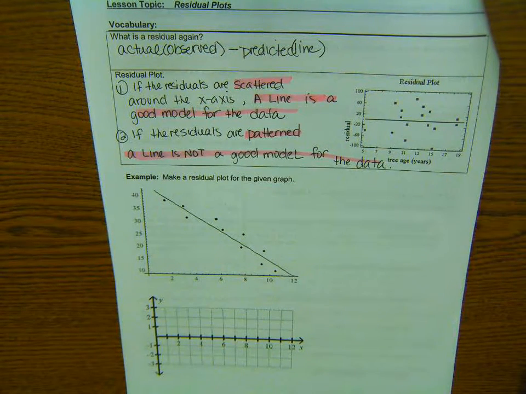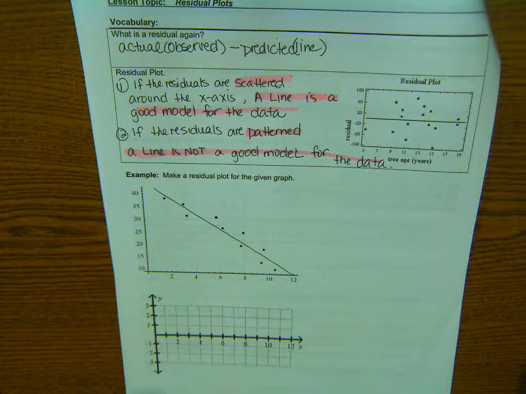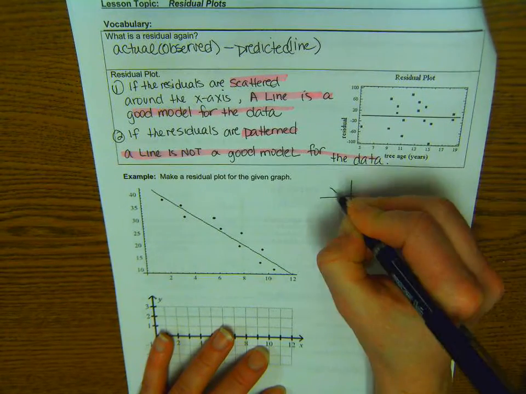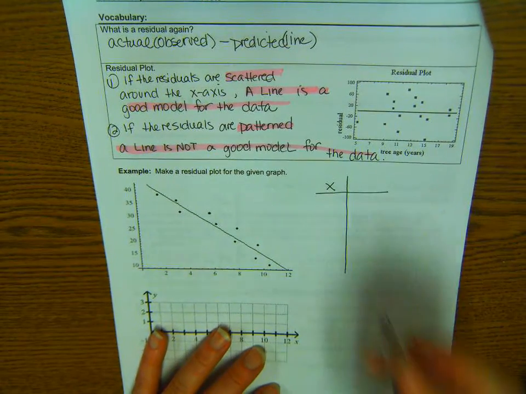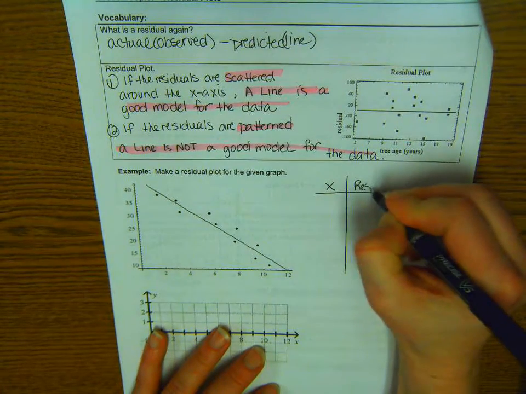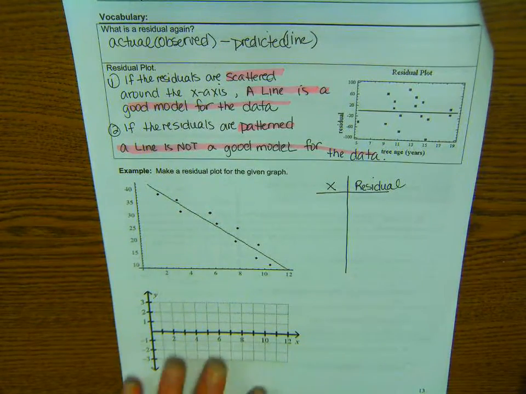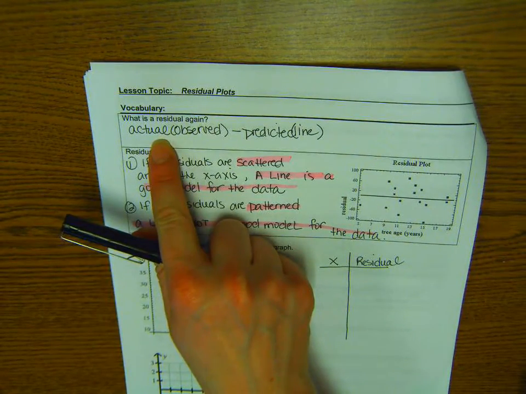Okay, now here's the deal. It is really nice when I give you an equation, and in your homework today I'm going to give you a real basic equation. Here, I don't give you an equation, so this is what we're going to do. We're going to write down what the x value is, and then we're going to write down what the residual is. So I'm going to look and see, how far is the point from the line?